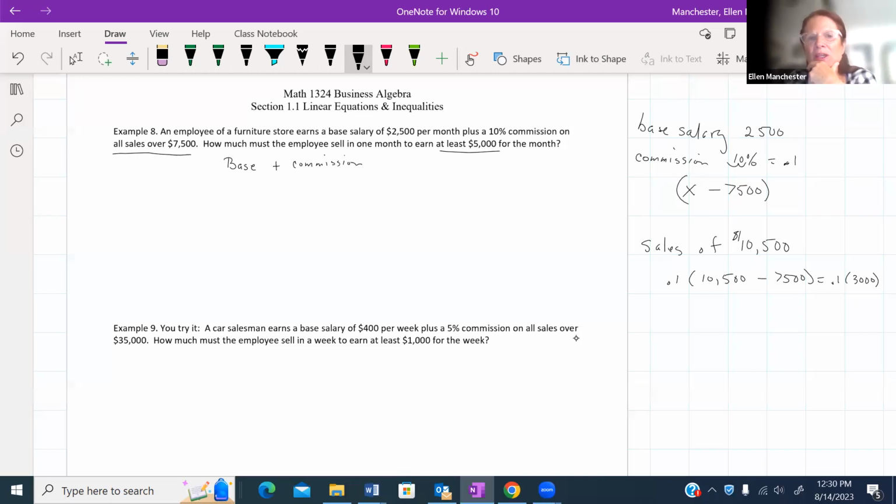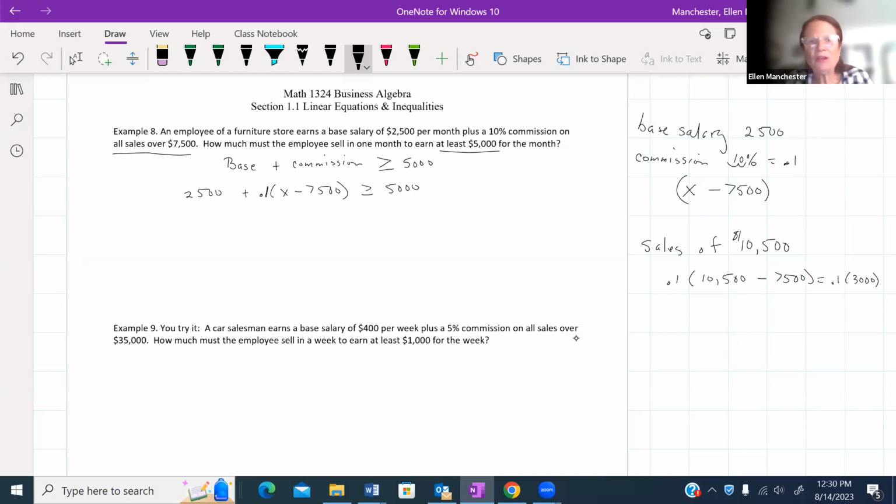So at least means I don't want to make less than 5,000. I want to make 5,000 or more. That's where your inequality comes in. Our base salary was 2,500. Our commission is 0.1 times (x minus 7,500) is greater than or equal to 5,000.